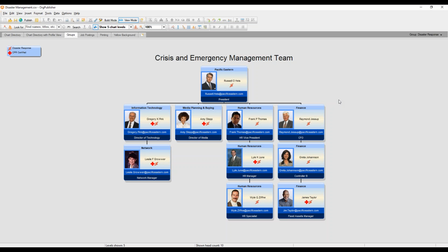So immediately, Angelo can click on the button, identify this group, and contact Frank or Raymond or any of these people, and explain to them exactly what he's seen. The crisis and emergency management team would all know who else is on the team.